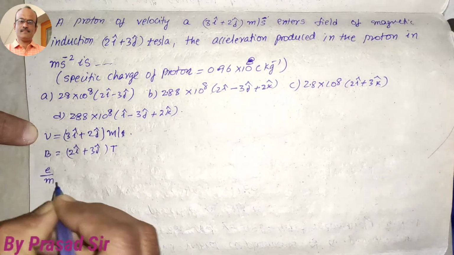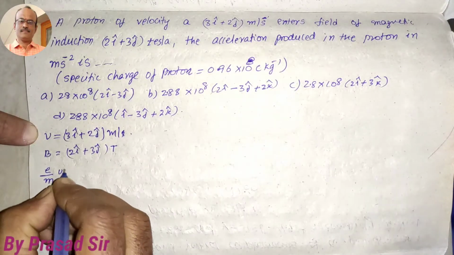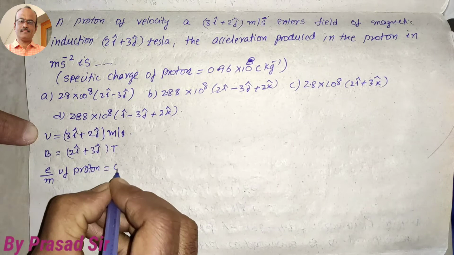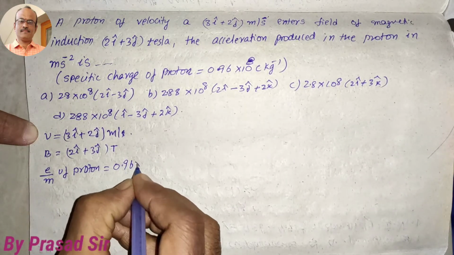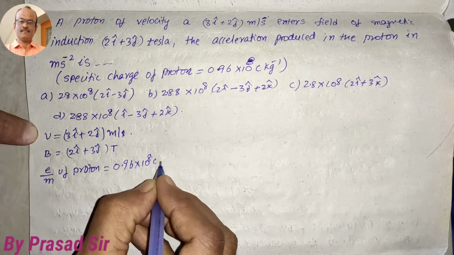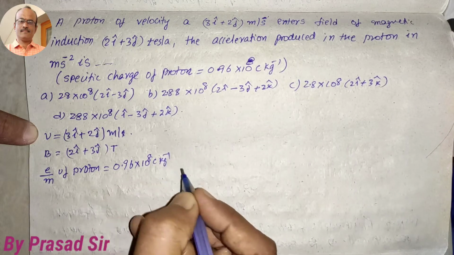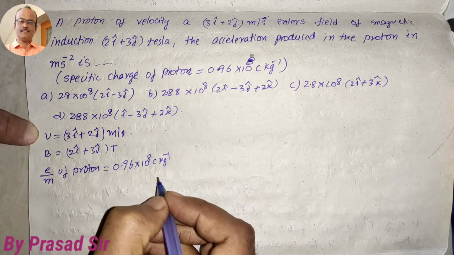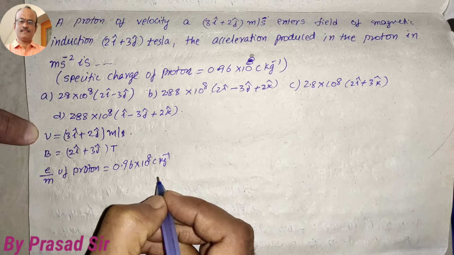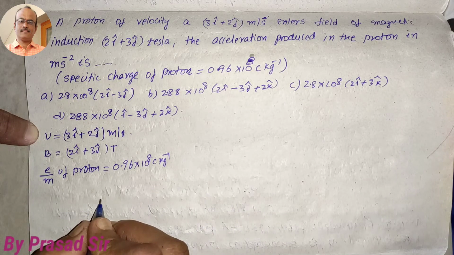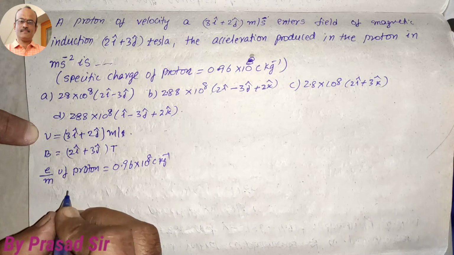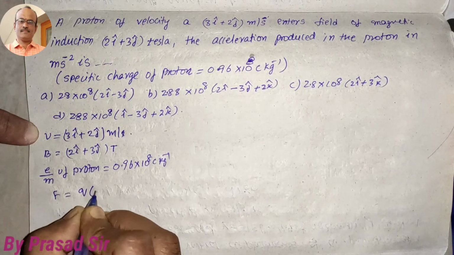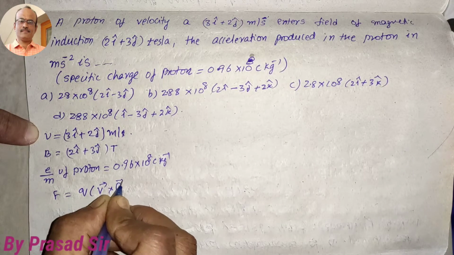Specific charge is nothing but e by m value of proton, equal to 0.96 into 10 to the power of 8 coulomb kg to the power of minus 1. But we want to find the acceleration. Acceleration is nothing but force by mass. But here first of all, we want to calculate the force. F is equal to charge into v cross B.